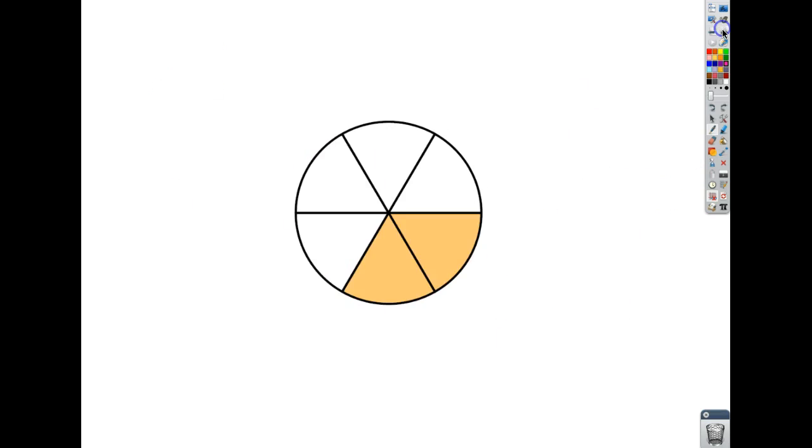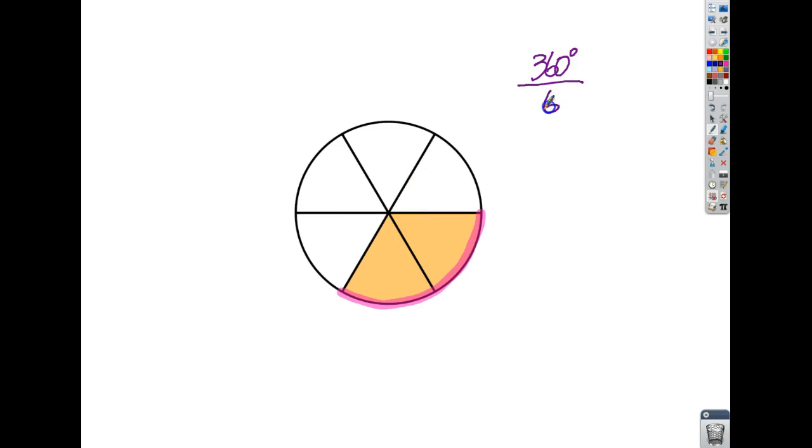Okay, you try this one. I want you to tell me how many degrees it is from here to here. How much of the circle does that go? All right, 360 degrees. How many segments are we breaking this into? 1, 2, 3, 4, 5, 6.